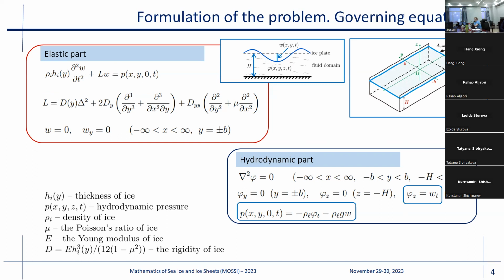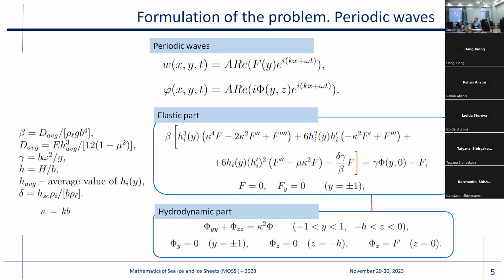We look for a solution in the form of waves propagating along the channel with constant speed and constant amplitudes. Then for the wave profile function f and the potential profile in the cross section of the channel function phi, we arrive at this boundary problem.